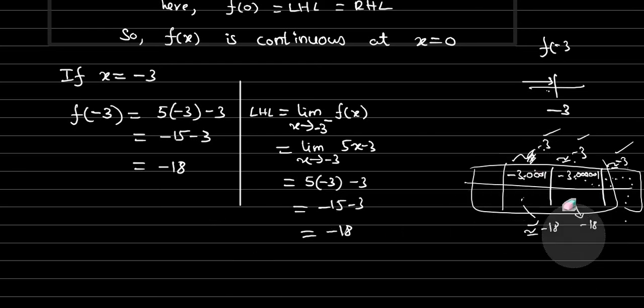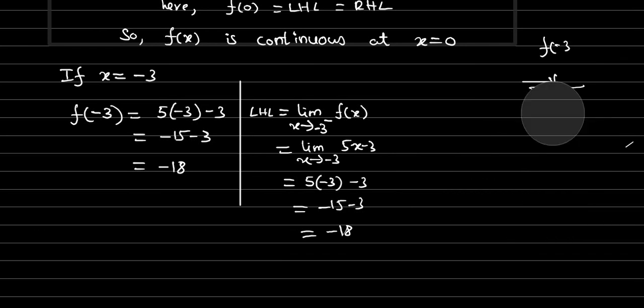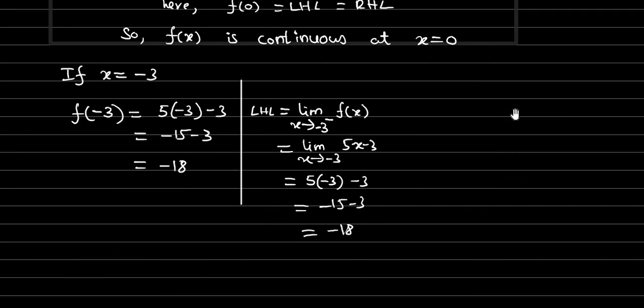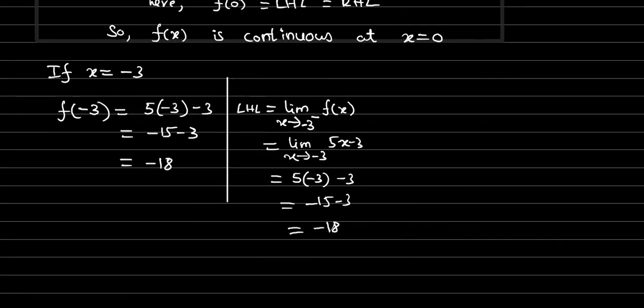So instead of drawing this table column and finding all the real number close values, we are taking the limit. When we are finding the function value at exactly one point, we can directly substitute. But when we are checking for a group of numbers which are approximately close to some number, then we can apply the limit. Same way for the right hand side limit also. Right hand side close values are also approximately equal to minus 3.